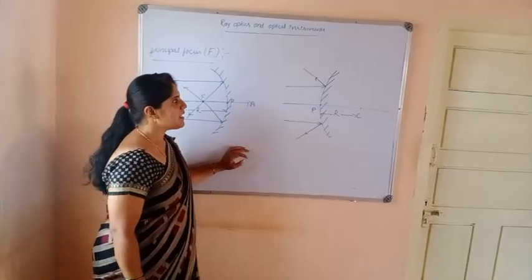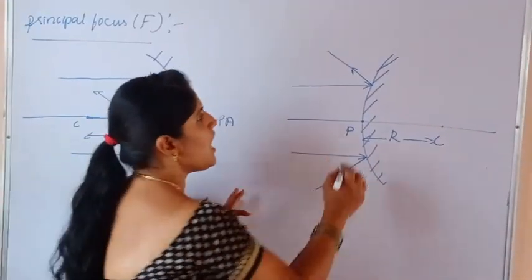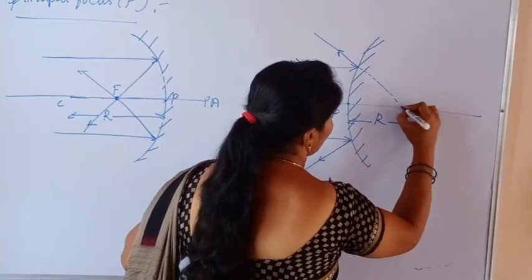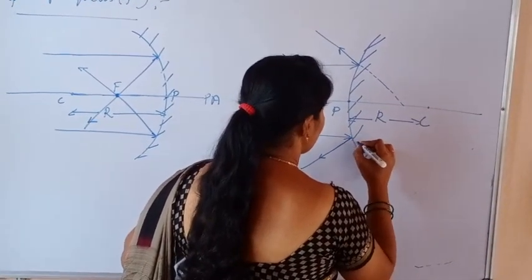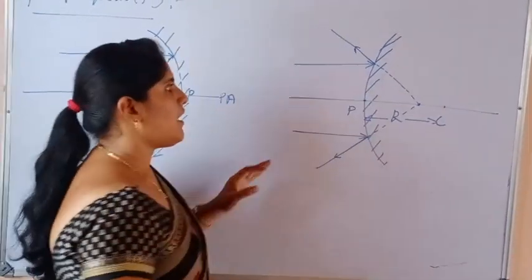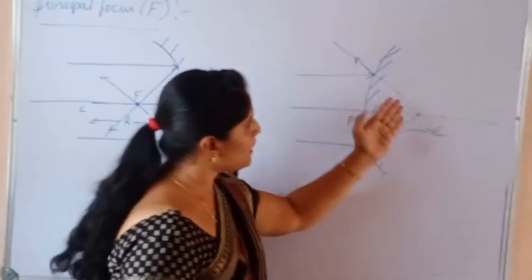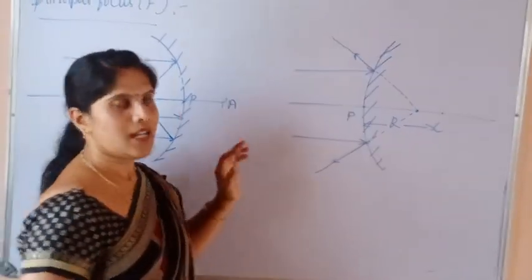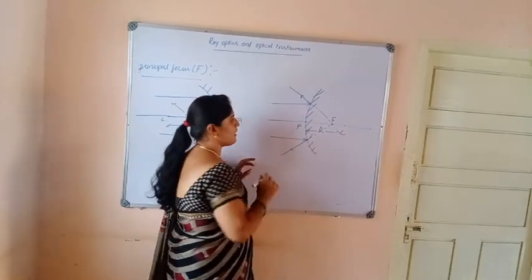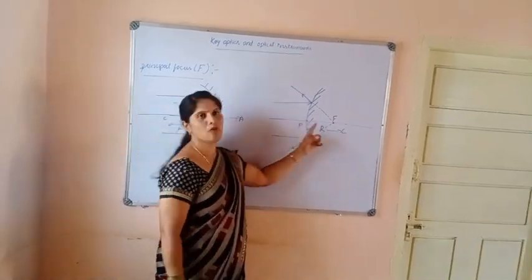What happens? These reflected rays appear to diverge from a point. They are reflected at the surface, but they appear to diverge from a point. That point is known as principal focus.